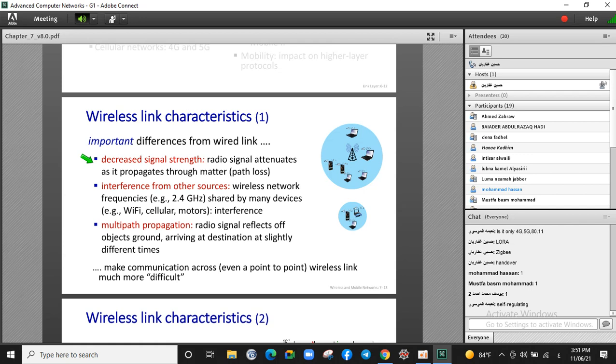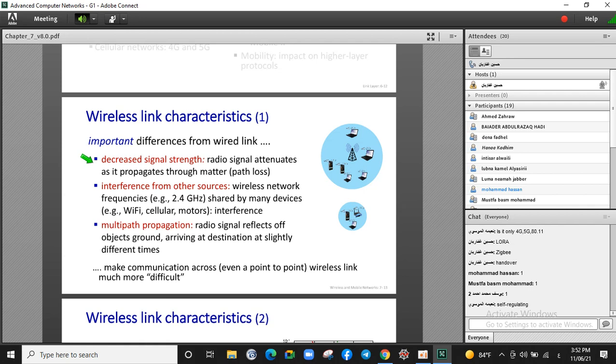One of those main differences between a wired and a wireless link is that when I'm using a wireless link and electromagnetic signals, because I'm sending the signals to the whole area surrounding myself, I'm sending the signals toward every direction.